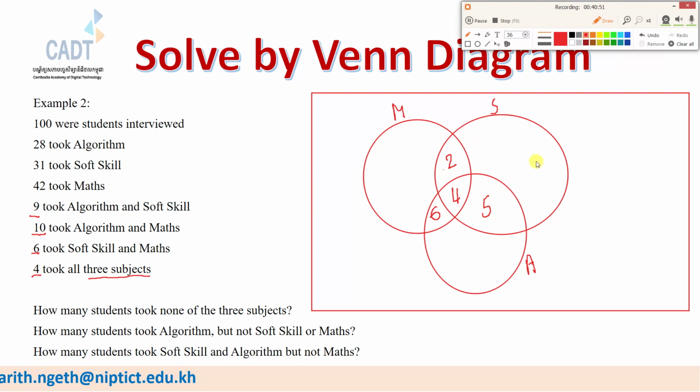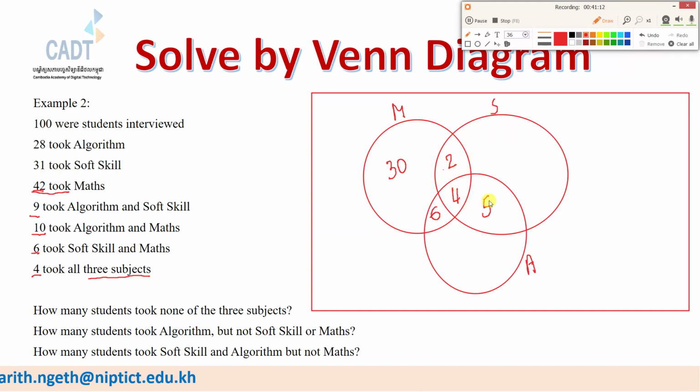And next we talk about math. Math is 42. So this one is math. Math is 12, but 42 is only math is 30. And about soft skill. Soft skill is 31. This one is soft skill.